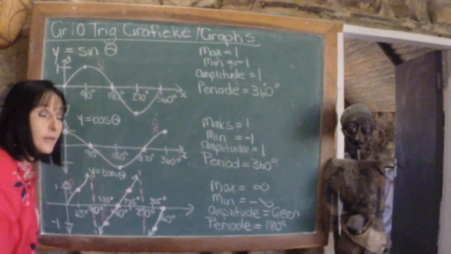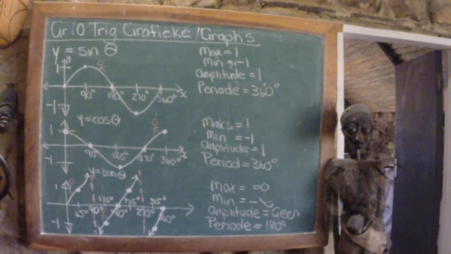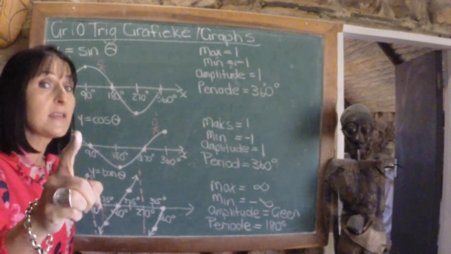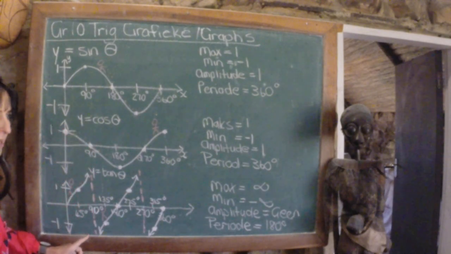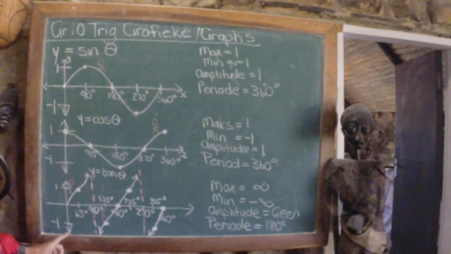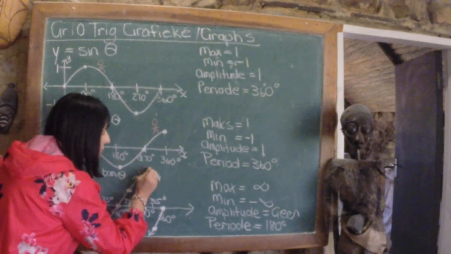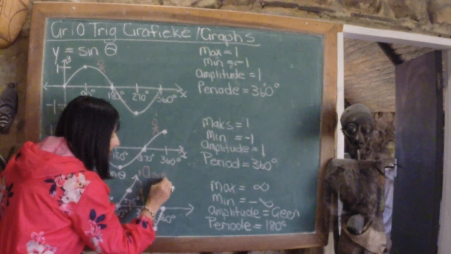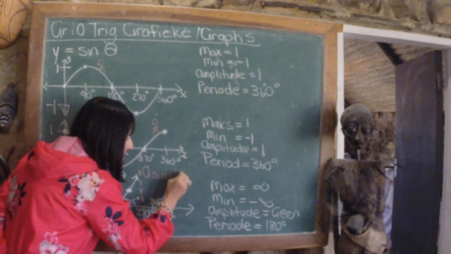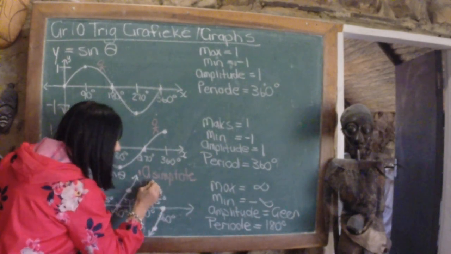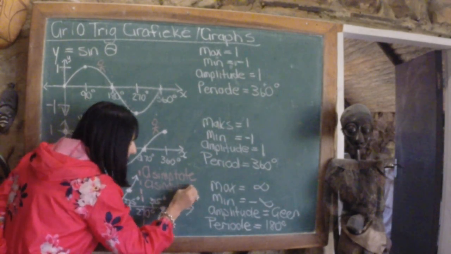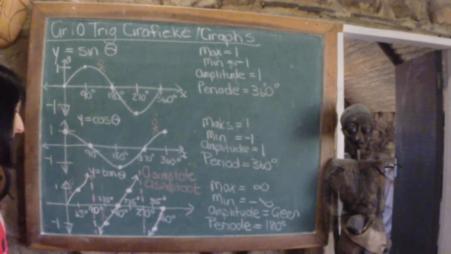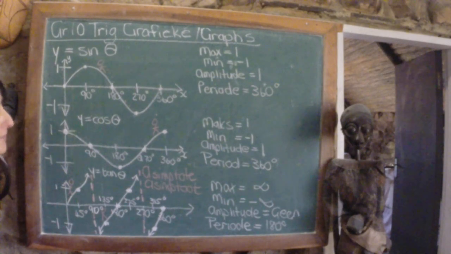Daai gat wat juffrou van praat, op die tan funksie, and you must study that big hole over there, we name an asymptote. Asymptote. Dis 'n gat en ons noem dit 'n asymptote. That's the name of that horrible hole over there, because I'm falling in that.